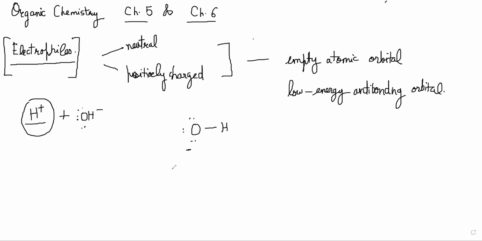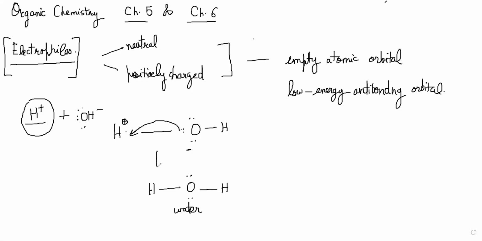When there is an H plus, it has no electrons, so these 2 electrons will move out like this and make a bond, and the resultant would be HO, and now the negative charge will be cancelled with the positive charge, and the resultant will be water.